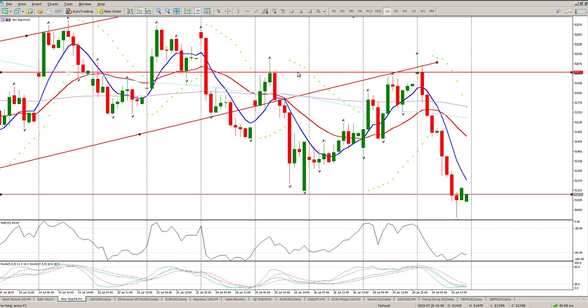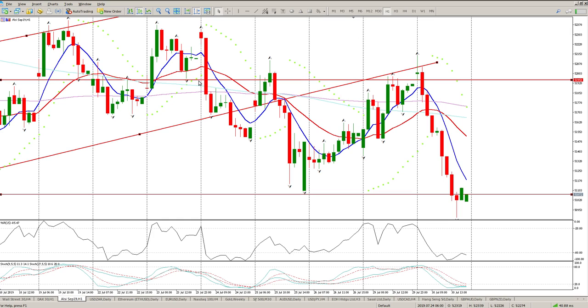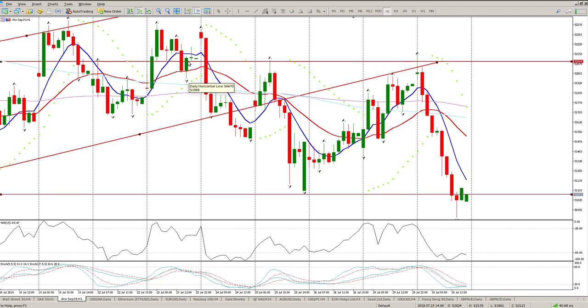There is another level here that was rejected, sorry, it's going to be that one up there. So there's 1, 2, 3 inside tails. Between those two, that was your zone to the upside.